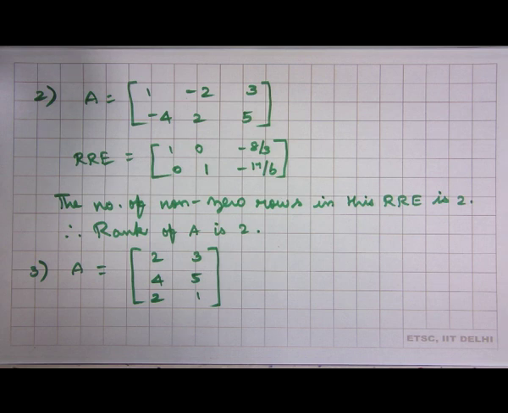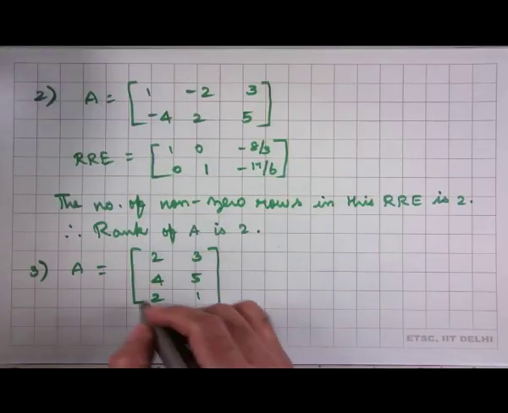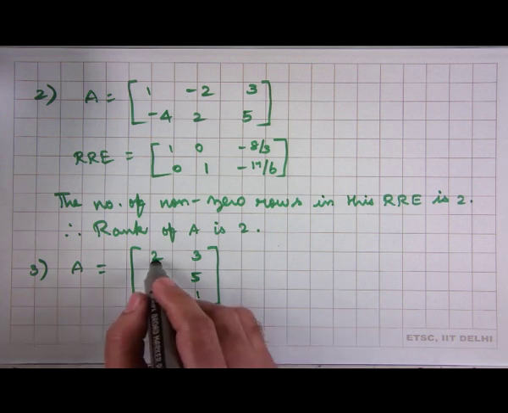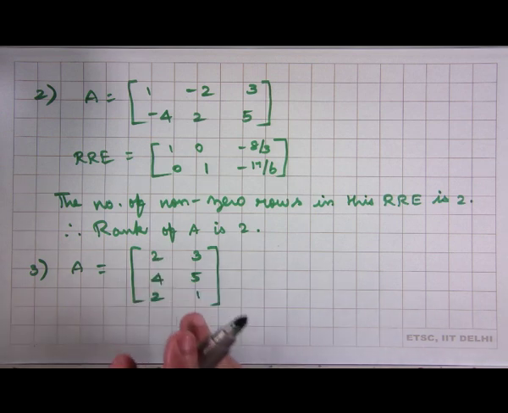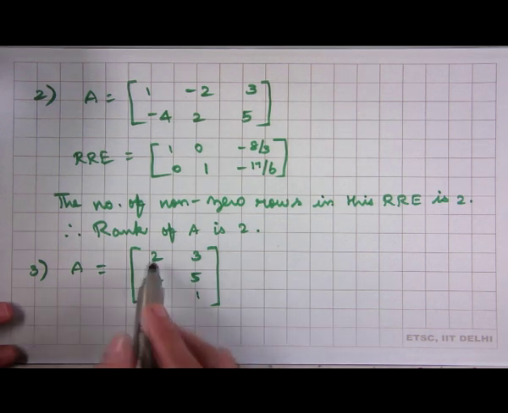First, let us look at the first non-zero column. The first non-zero column is the first column itself, and the first non-zero element in that column is the first element which appeared in the first row itself, and which is 2. Now, let us make this into 1.